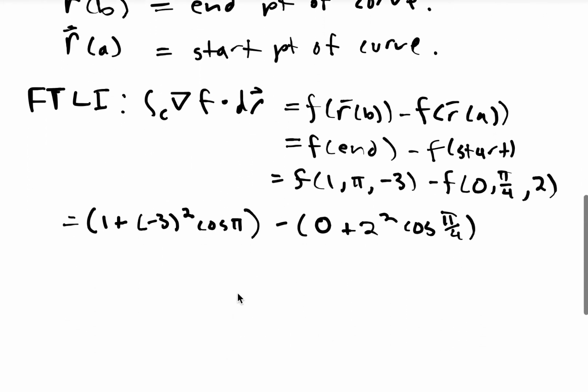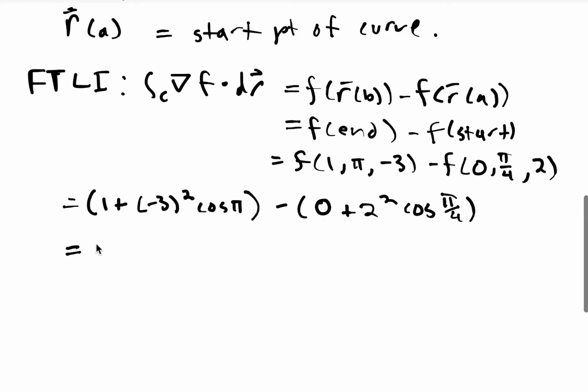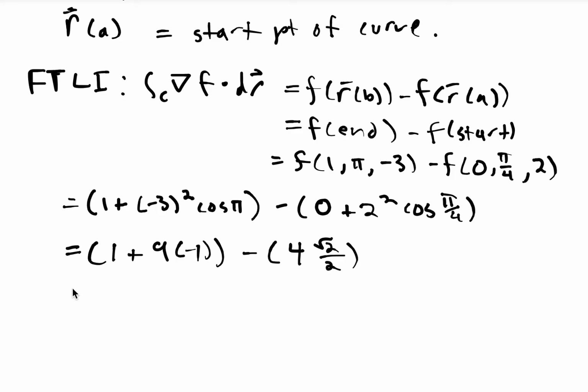The rest of this is really just algebra. 1 plus 9 cosine of pi is minus 1, and I'm subtracting off 4 times root 2 over 2. Ultimately, I'm going to get minus 8 minus 2 root 2.